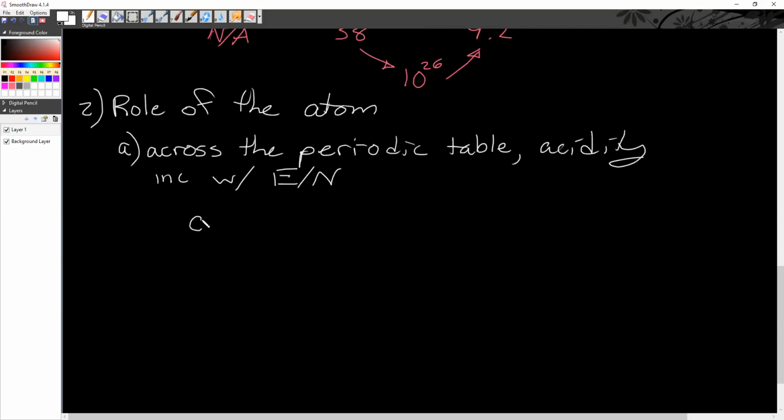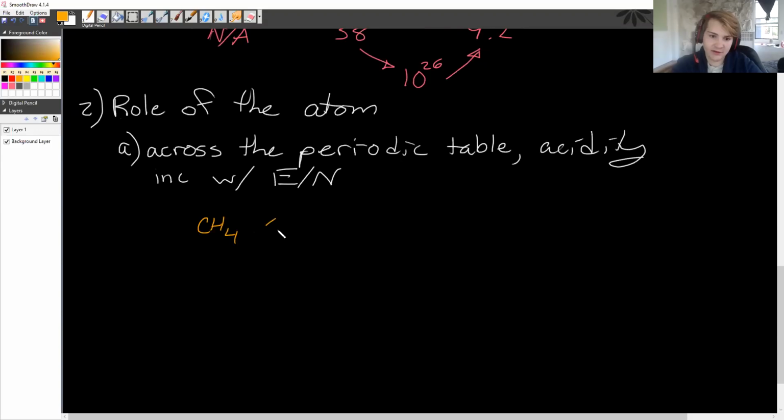If we wanted to write this out as well, we could see that we have methane versus ammonia versus water versus hydrofluoric acid.